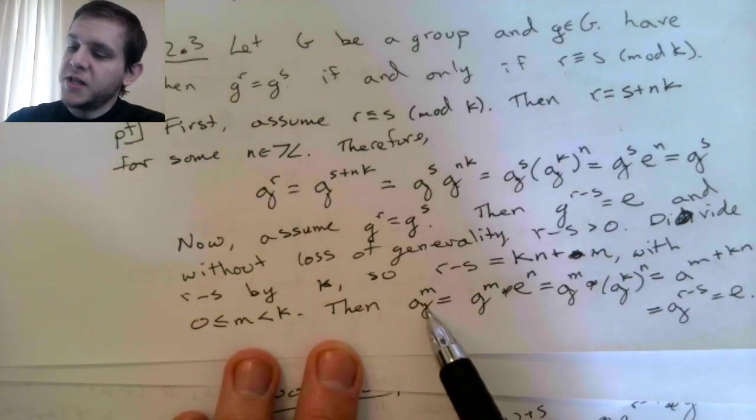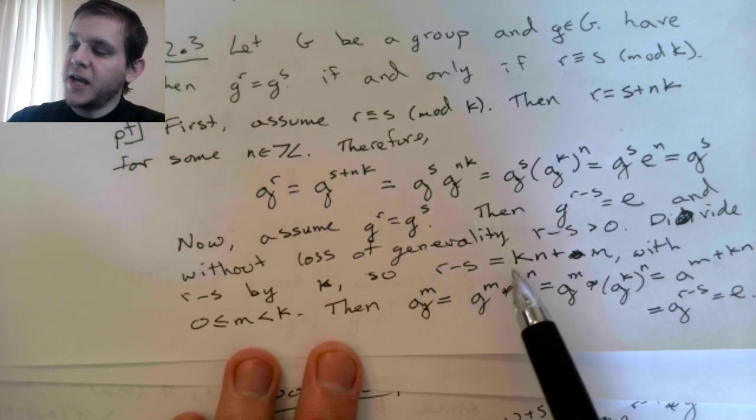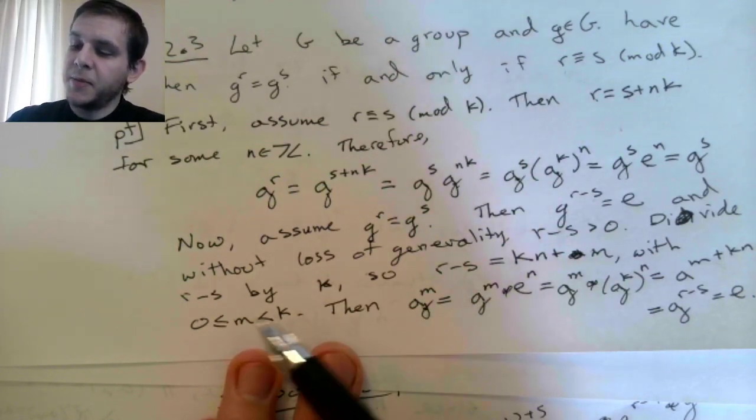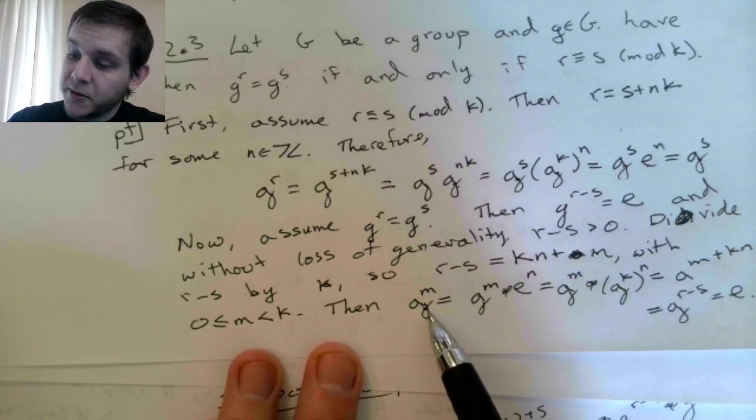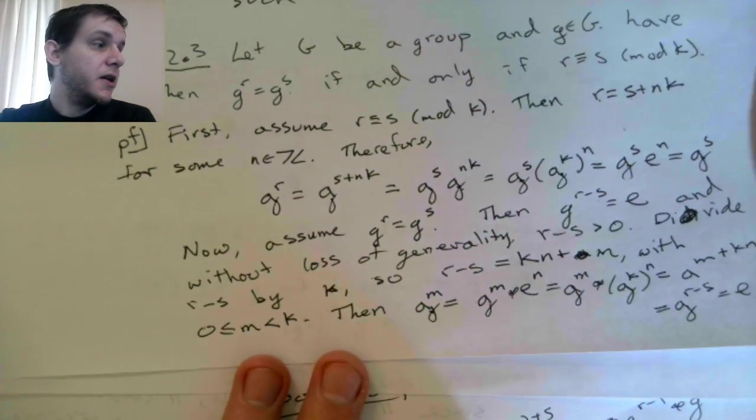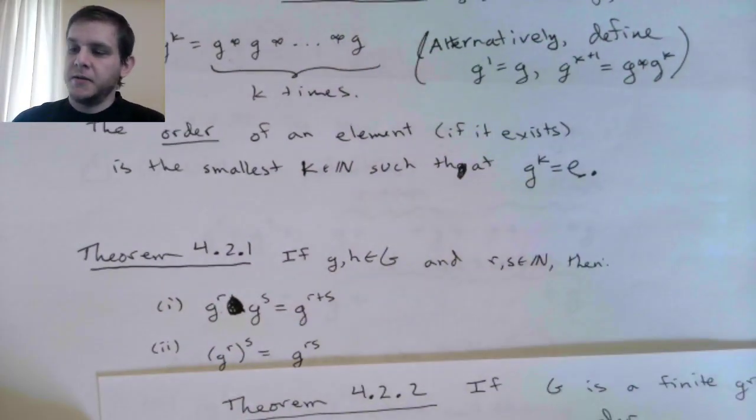So what does this mean? This means that by minimality of K, M can't be positive, because then I would have some smaller power of G that's equal to the identity. And the order of G was defined to be the smallest power that's equal to the identity.